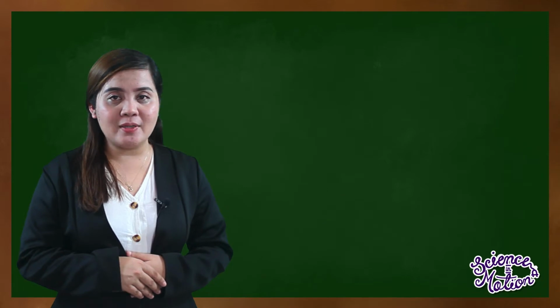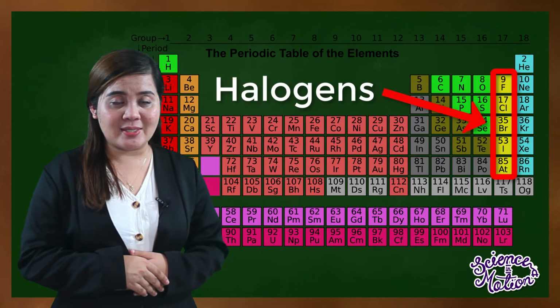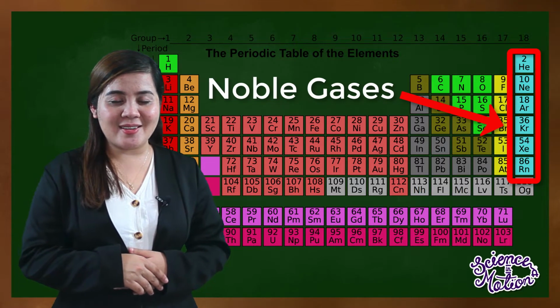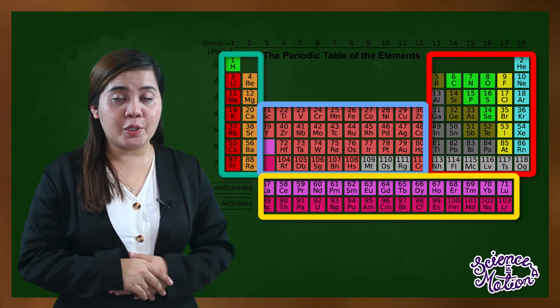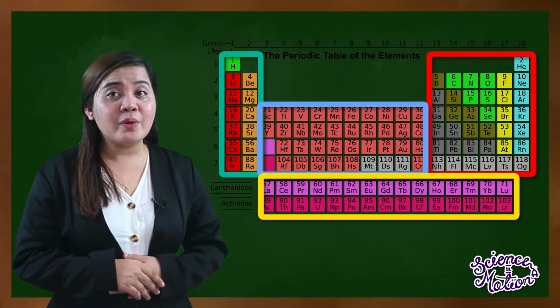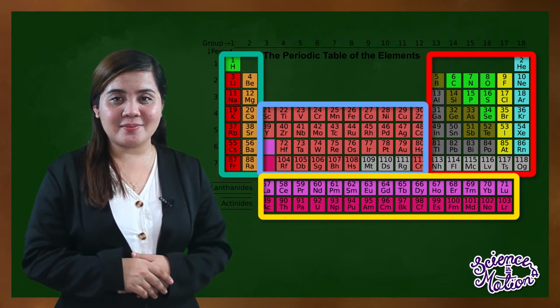For example, Group 17 elements are halogens, and Group 18 are the noble gases. Also displayed are 4 simple rectangular areas or blocks associated with different atomic orbitals.